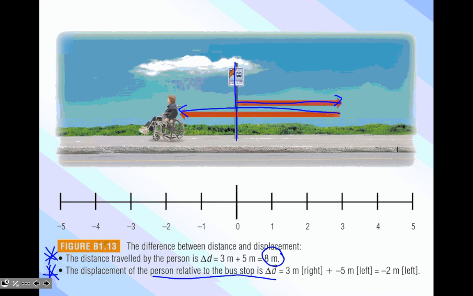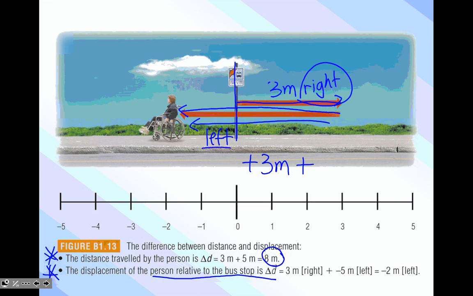Well, let's think about this. They traveled 3 meters to the right, right? And they traveled 5 meters to the left. So what you actually kind of do is, okay, since the right is a positive value, and then we add, to the left is a negative value, so we actually add negative 5 meters, and that's going to give you a total of negative 2 meters.